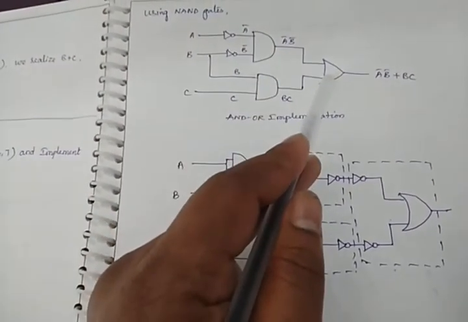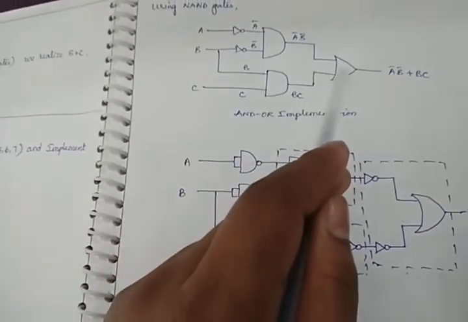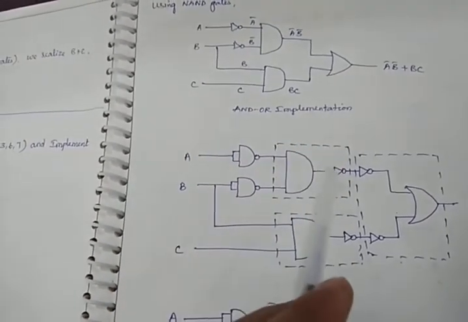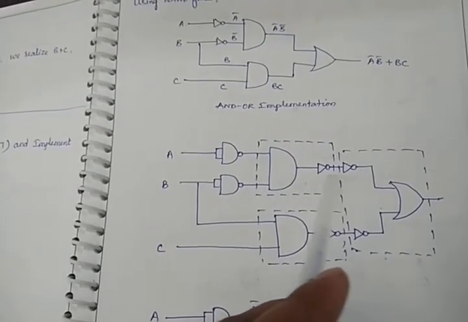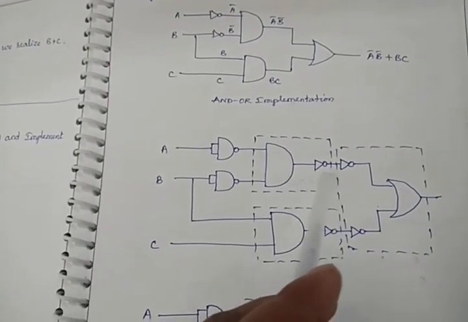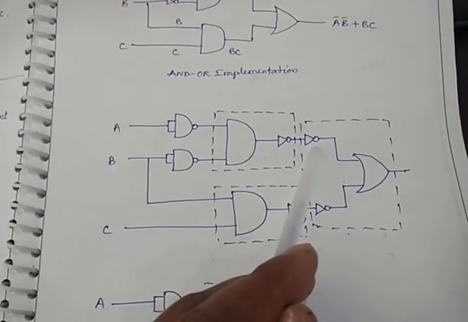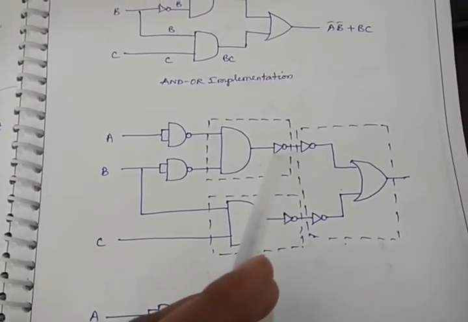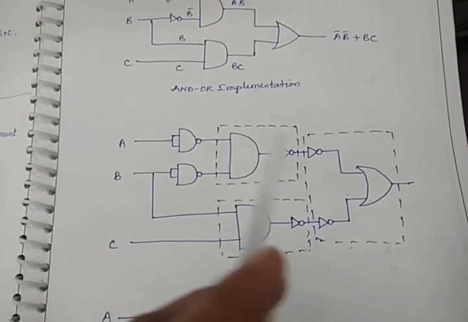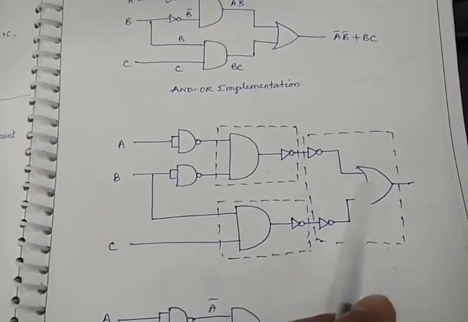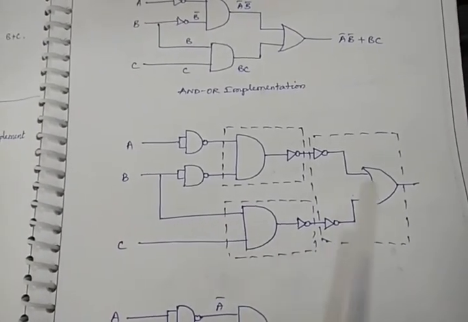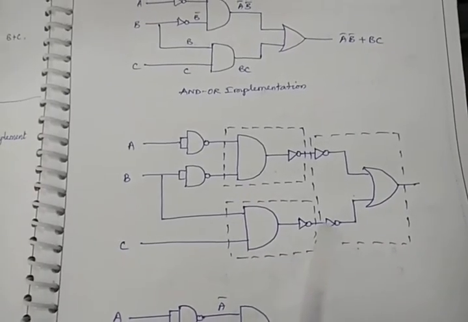Between this AND and OR, and between this AND and OR, I am taking two NOT gates in series. If you take two NOT gates in series, then the value will not change. So I am taking two NOT gates in series in between AND and OR. Here also, between AND and OR, I am taking two NOT gates.